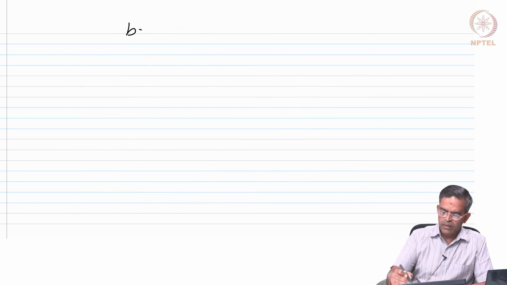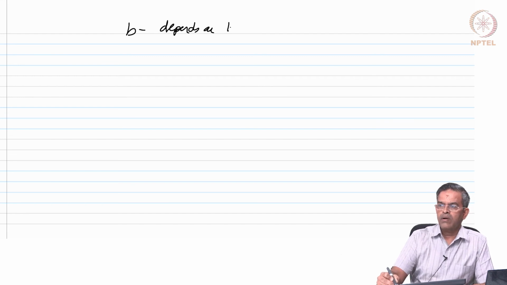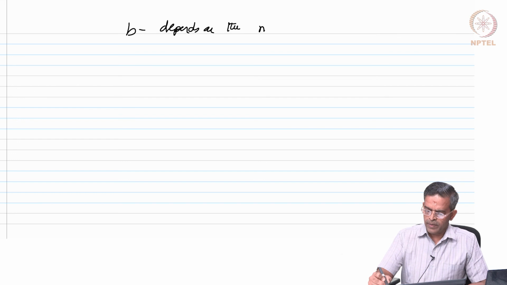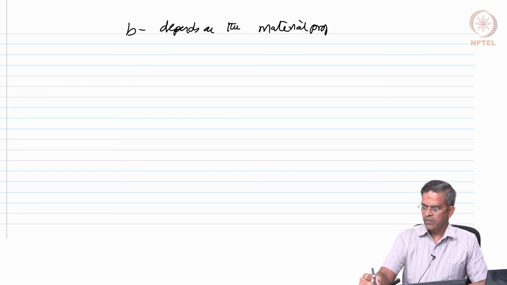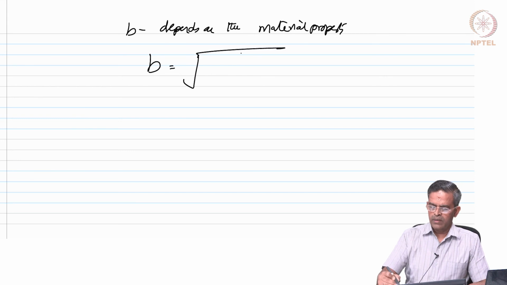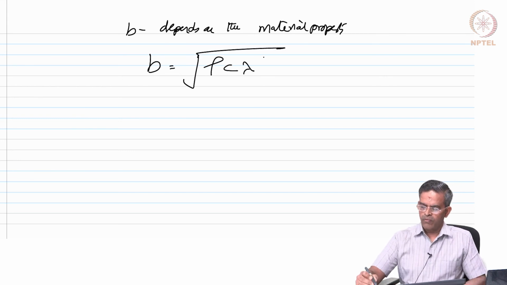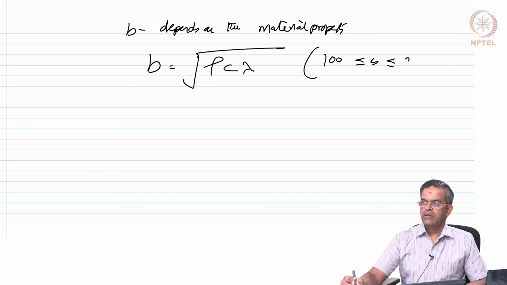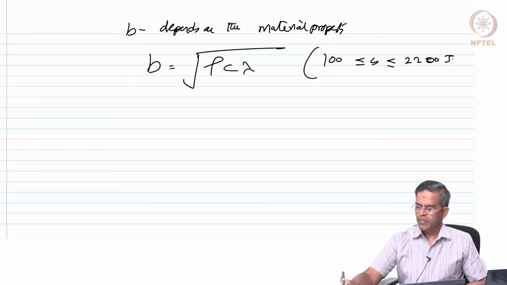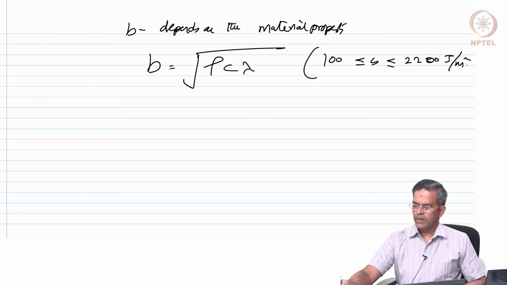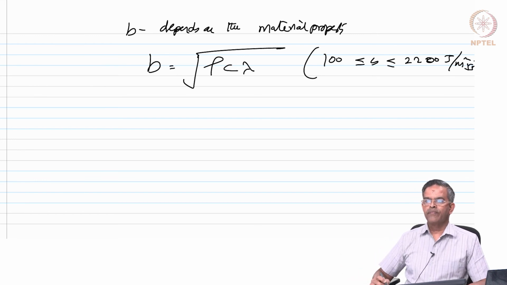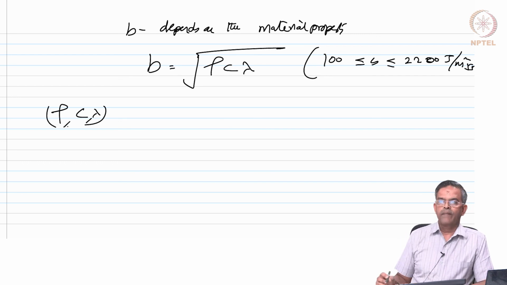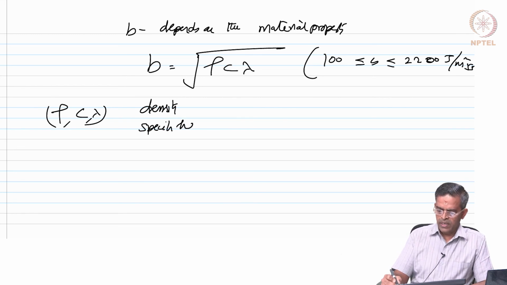In this expression, b depends on the material property. b is actually given by root of rho c lambda, for 100 and 2200 joules per square meter per root second Kelvin, where rho, c and lambda are density, specific heat and thermal conductivity of the material.